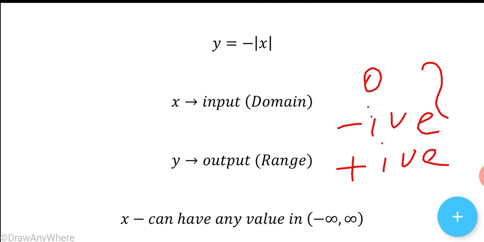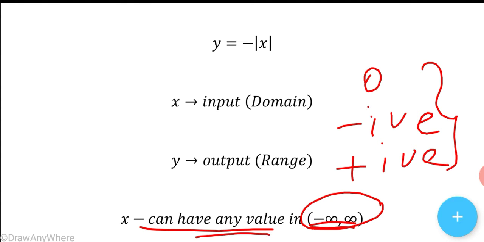The standard representation for this negative, positive and 0 is minus infinity comma plus infinity. So the domain is minus infinity comma plus infinity.